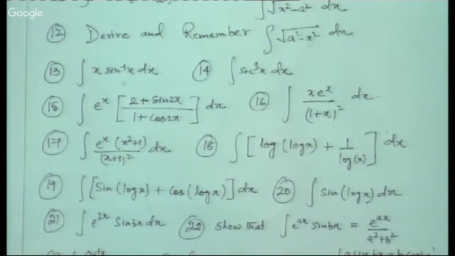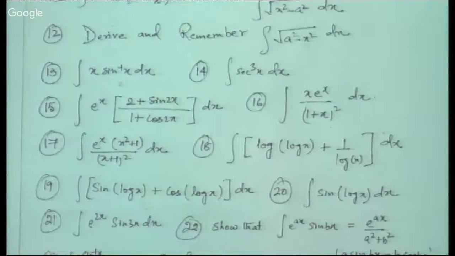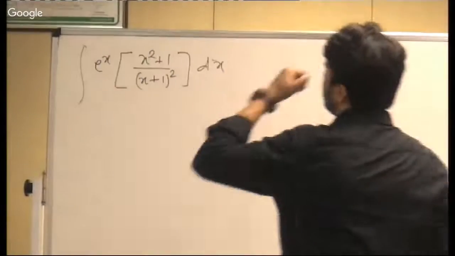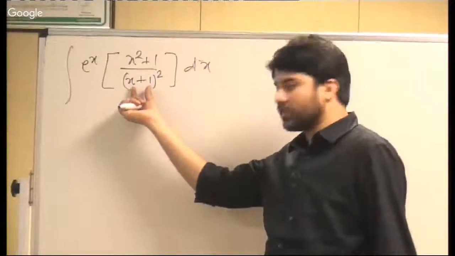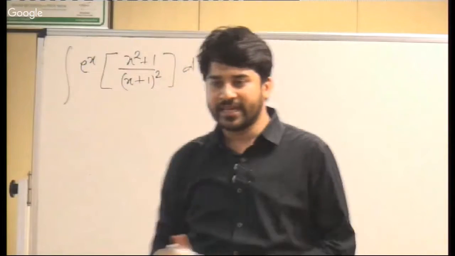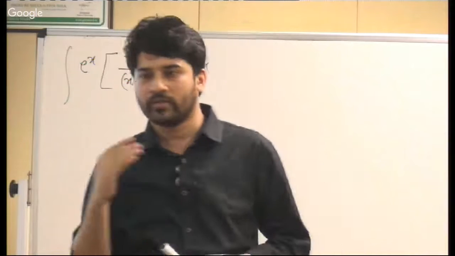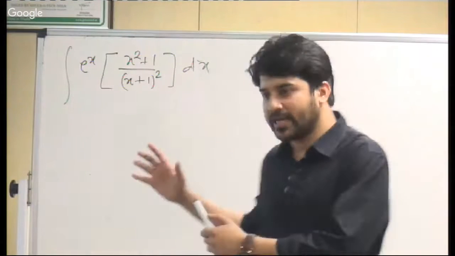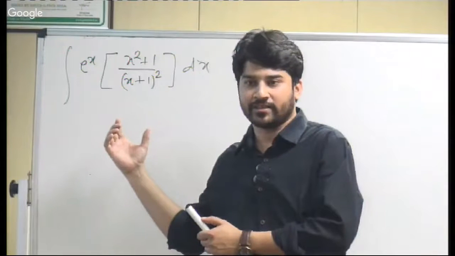I see a quadratic expression above, a quadratic expression below, and now I have to break it, right? The only good thing is that x plus 1 whole square. And whenever we see x plus 1 whole square in a denominator, we always think of something upon x plus 1. So if we get something upon x plus 1, things will be fine with us, right?